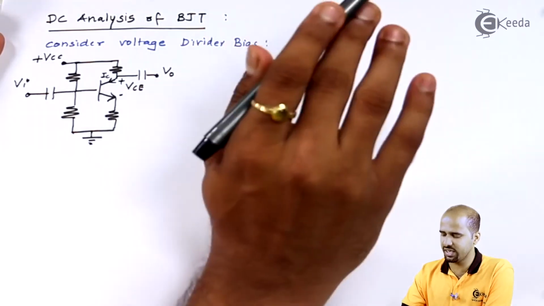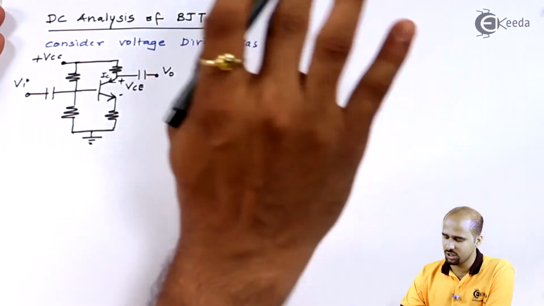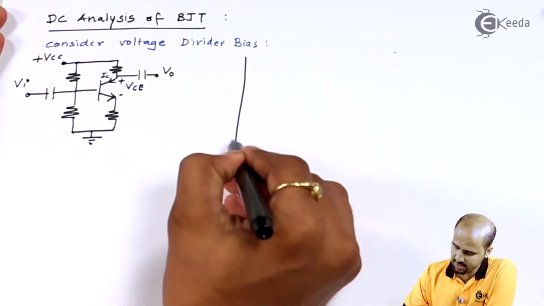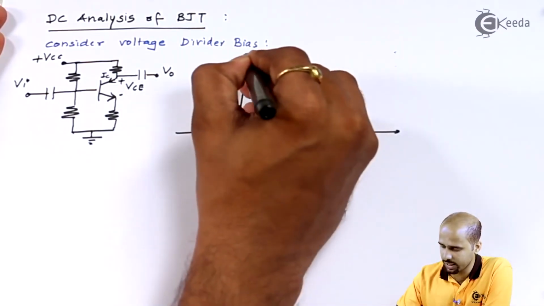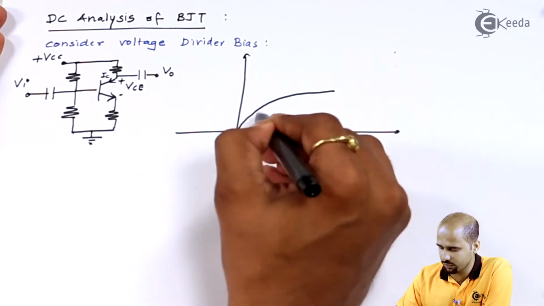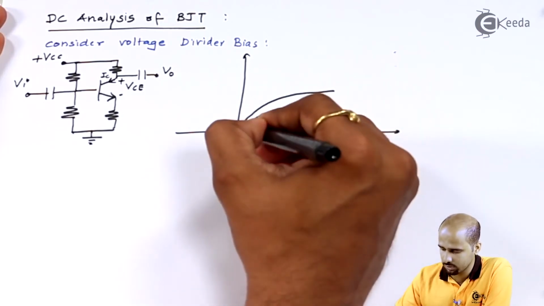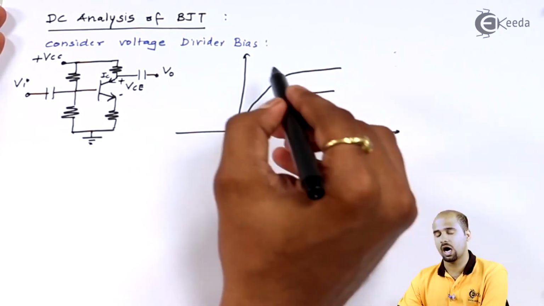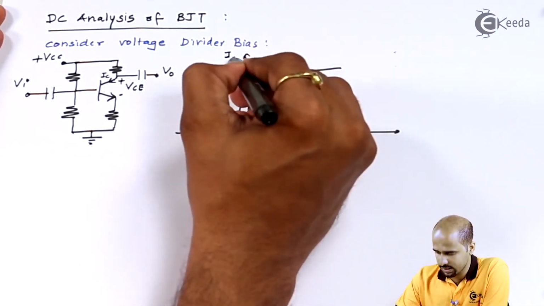So basically in DC analysis of BJT we have to find out the Q parameter. Let us consider these are the characteristics of BJT. Here we will get different values of output current, that is IC.